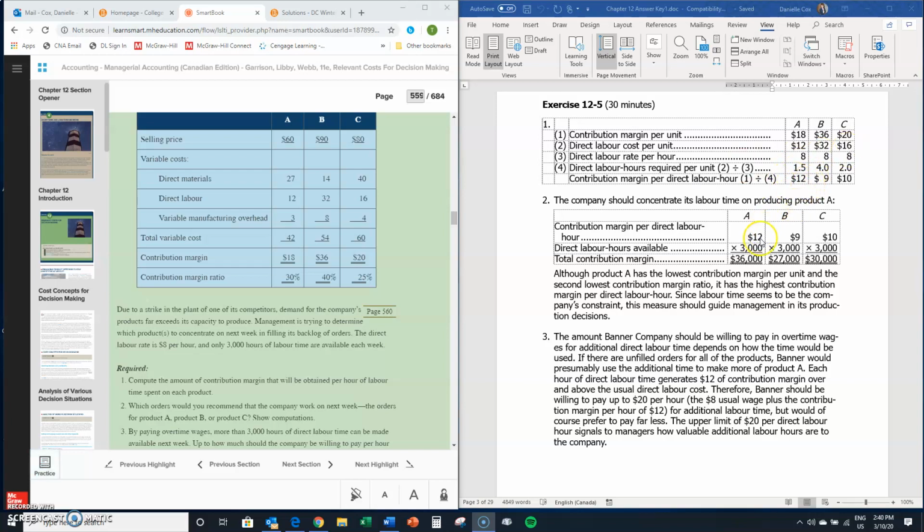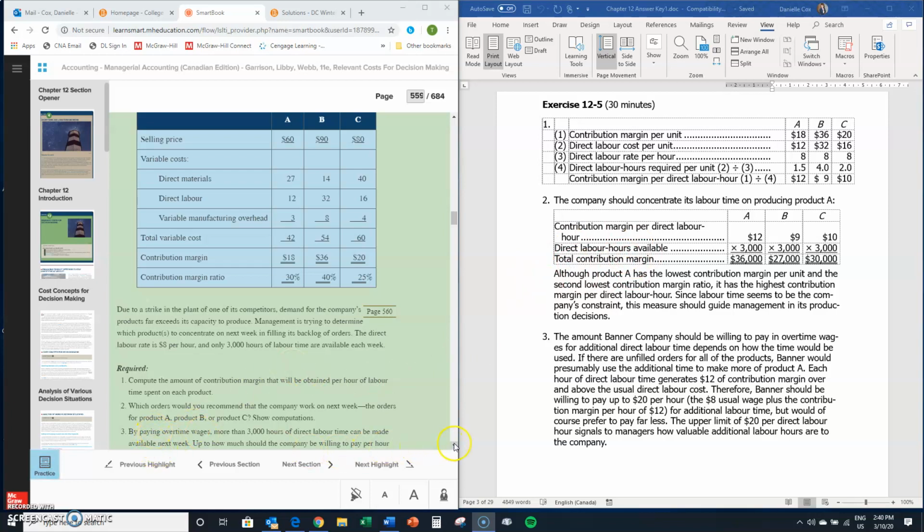And just to show that out, $12 per hour with 3,000 hours, the total contribution margin would be $36,000. If you picked product B, it would be $9 times 3,000 for $27,000, or product C, $10 times 3,000 for $30,000. So we can clearly see picking the one with the highest contribution margin per unit of constraint would get the highest total contribution margin.